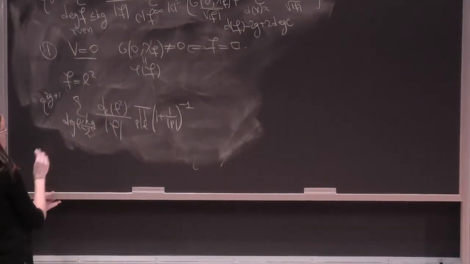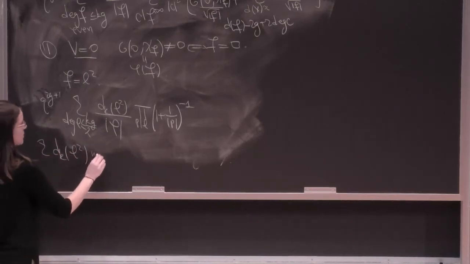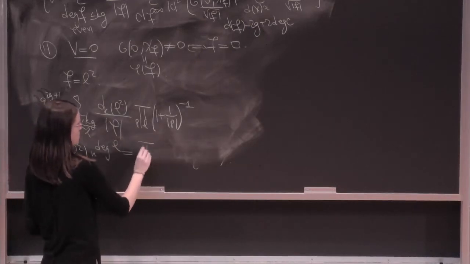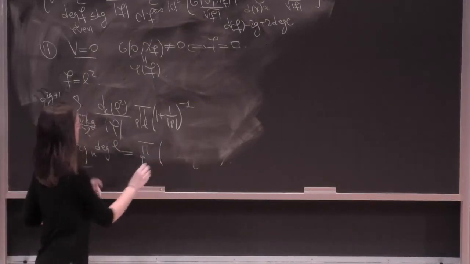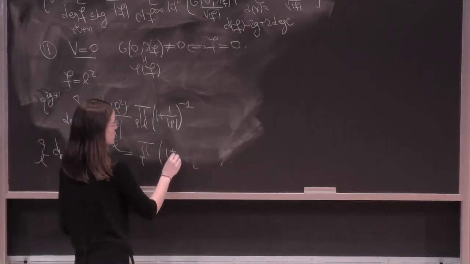If I look at the generating series of this function, so I sum over L d_k of L squared, then this is a product over primes. Now d_k of p squared is exactly k times k plus 1 over 2.